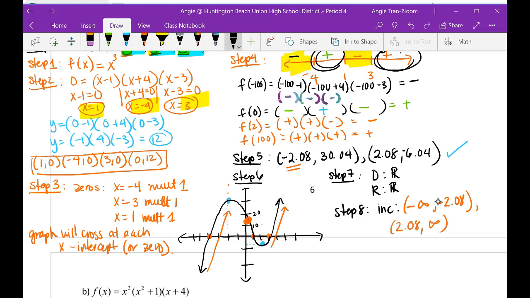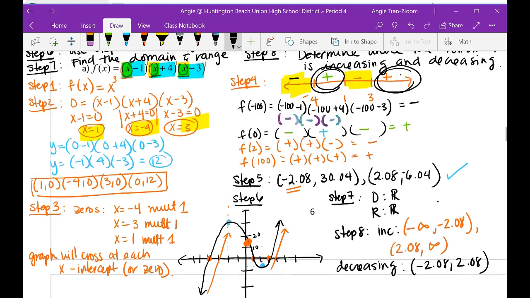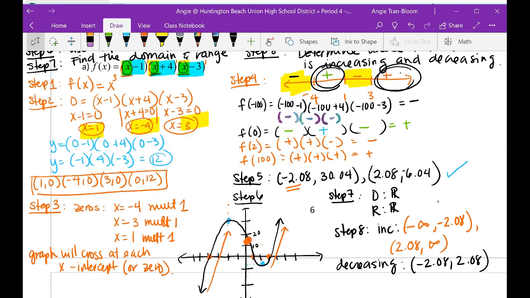Decreasing, there's only one interval: from negative 2.08 all the way to positive 2.08. I believe I have taken care of all 8 steps on that screen. And this is the end of example 6A.